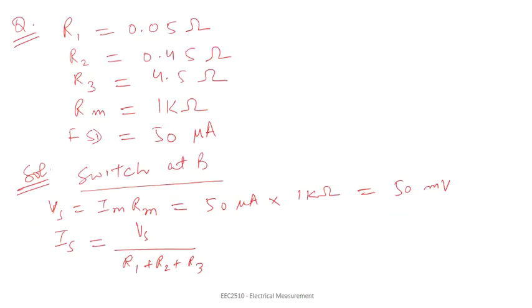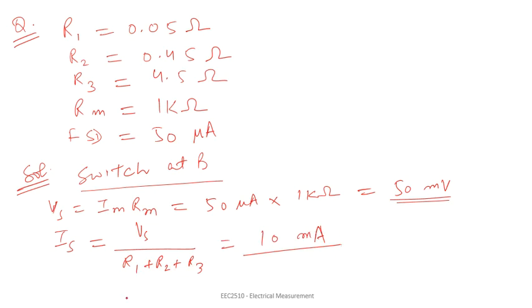This voltage we have calculated as 50 millivolt, and R1, R2, R3 are also given in the problem. So you can just put the values here, and you will get the value of Is to be 10 milliampere.